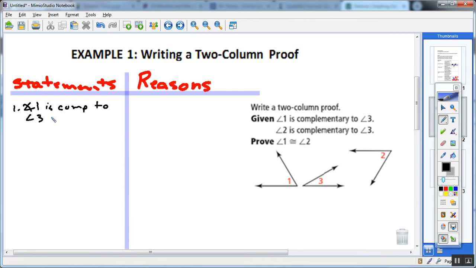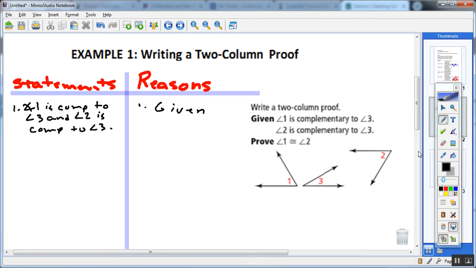What else is given? Angle 2 is complementary to 3. Okay, that's all it's given, right? So over here I'm going to put a 1 and I'm going to write given.